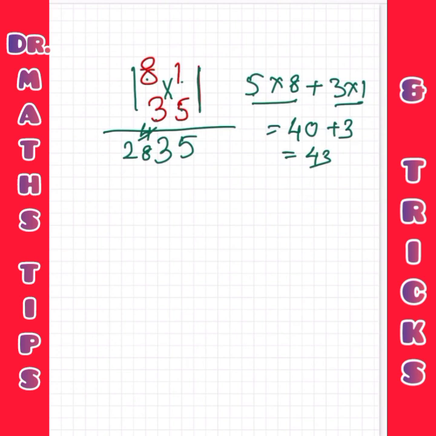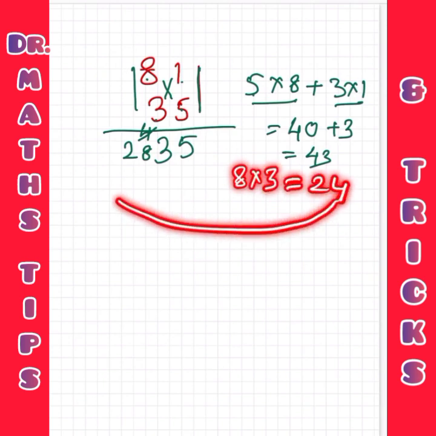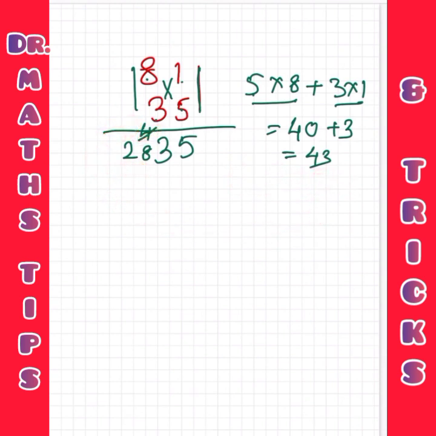I will put 4 for carry and 3 here. Now multiply 8 into 3, that is equal to 24 plus 4 equal to 28. That's so simple and super quick.